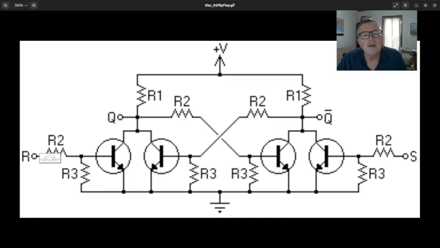If the transistor is off, meaning there's no current flowing between the base and the emitter, it's really a current controlled device, then this is off, and this resistor, which is often called a pull-up resistor, will bring it to a 1.